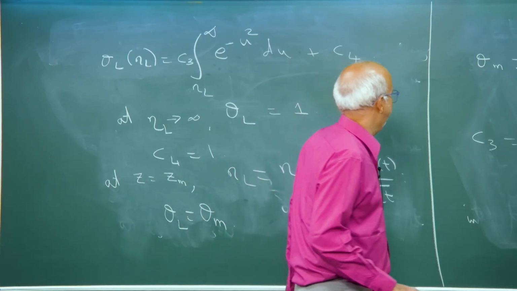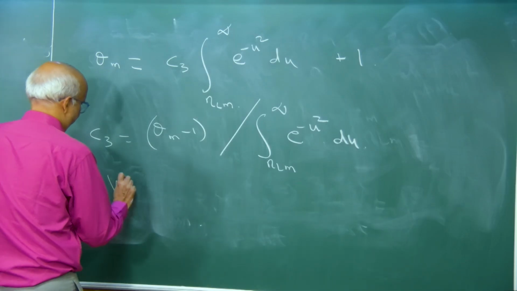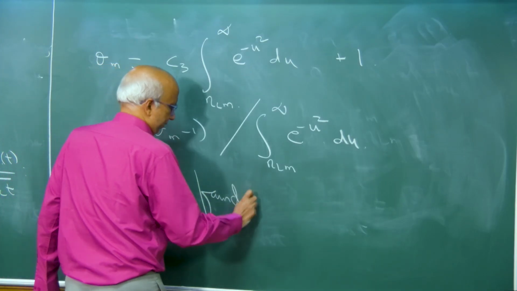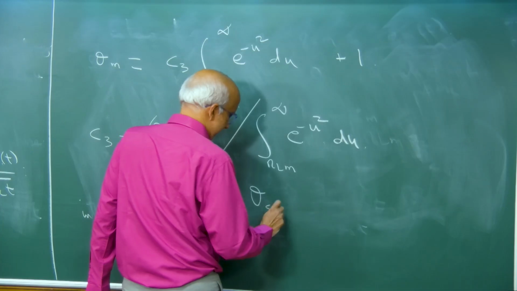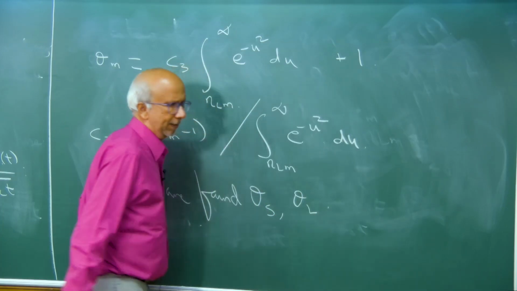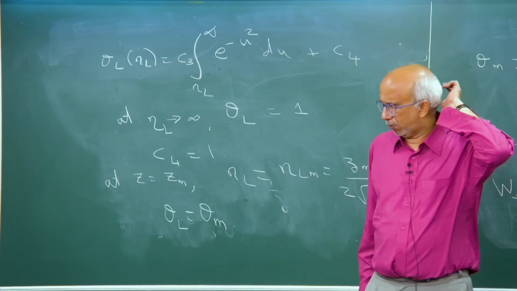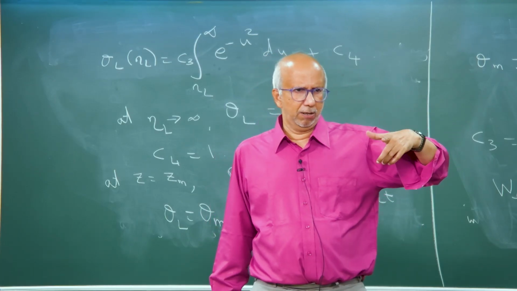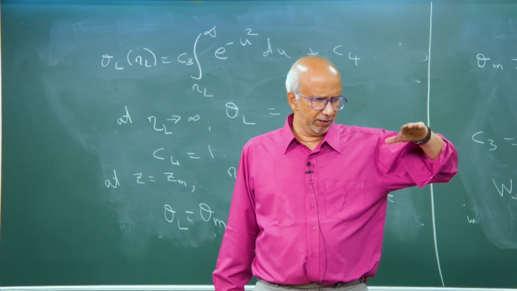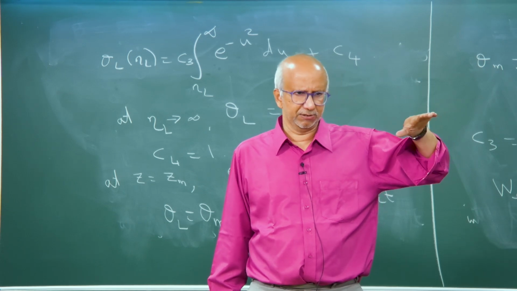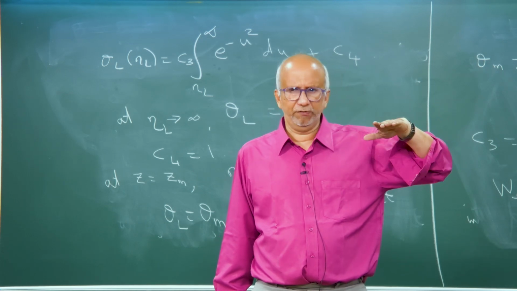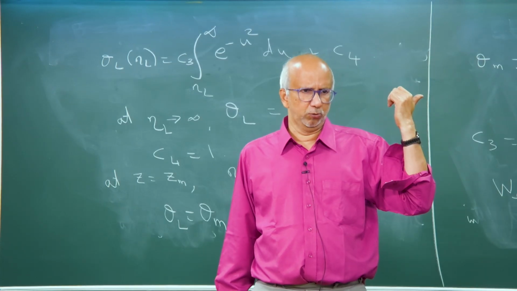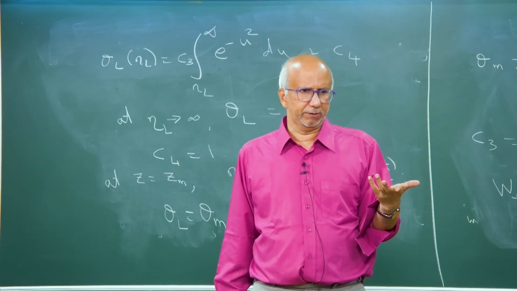So, we have found theta S and theta L, but have we completely solved the problem? The answer is no, because I am more interested in the front, where exactly it is. I want to find out Zm, how is that changing with time? Qualitatively I told you it is square root, I do not know what beta is yet.